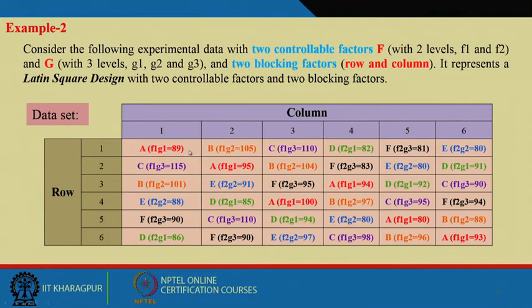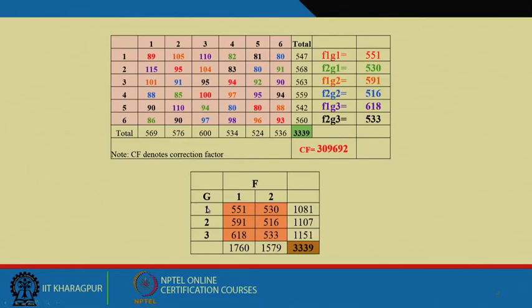You require to compute treatment effects, row effects, column effects, and here we have basically two treatments, A and B, and their interactions to be computed. So, this is the data table.